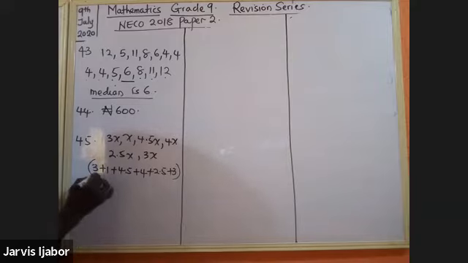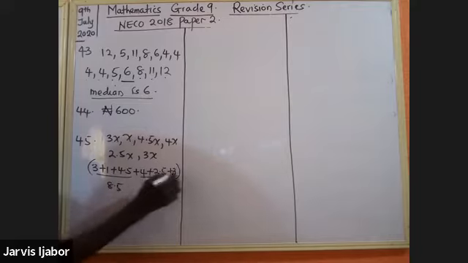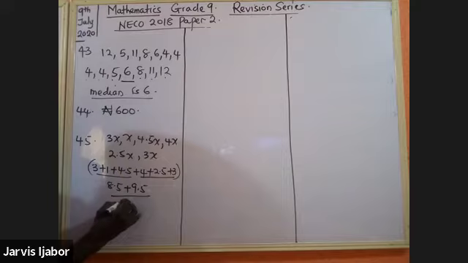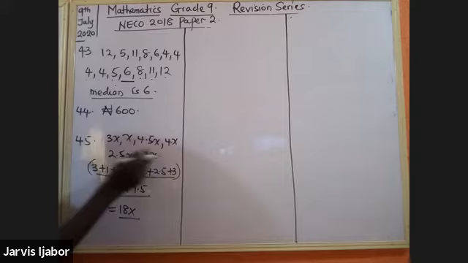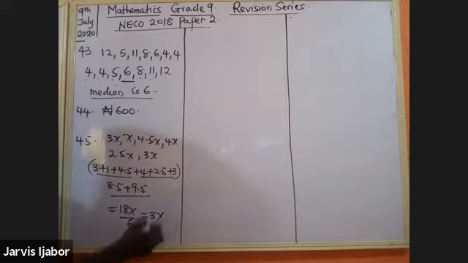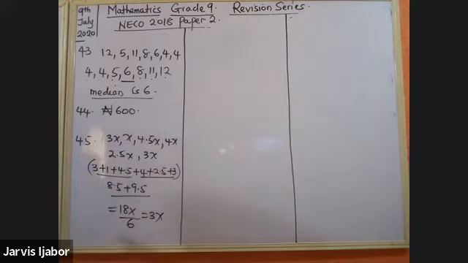This will give me 18x, divided by 1, 2, 3, 4, 5, 6, which is what? 3x. So the answer is 3x, and that will be A.